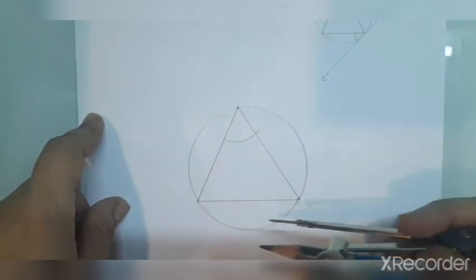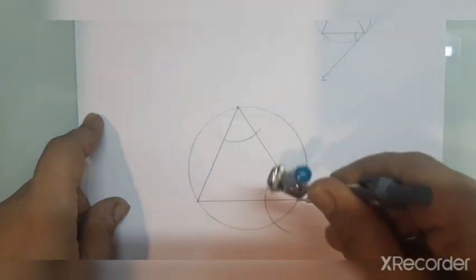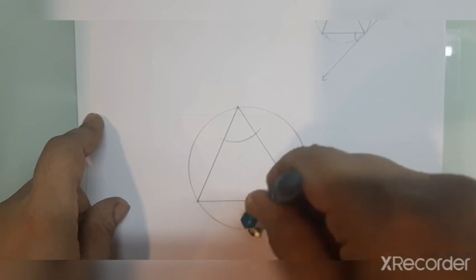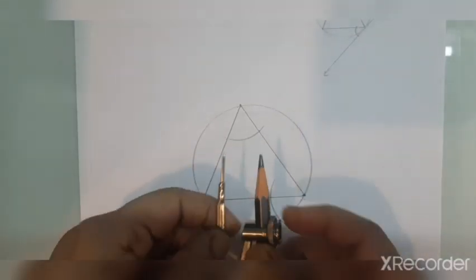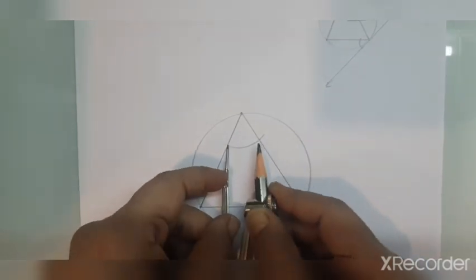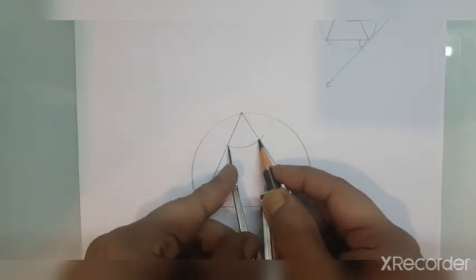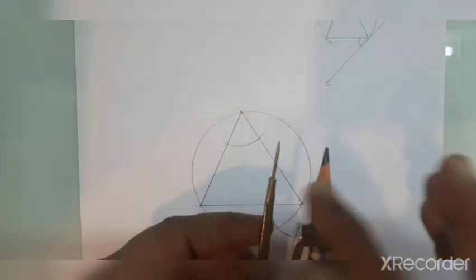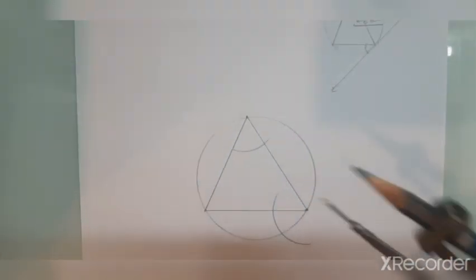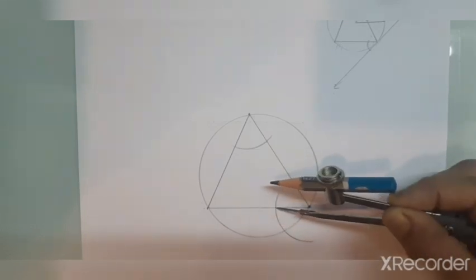Same distance, I just keep it here and I just make an arc. Try to make a little bigger arc. Now I just count this distance from this point to this point here where I have marked the arc. And this distance I will just keep on this base line here where it is cutting.